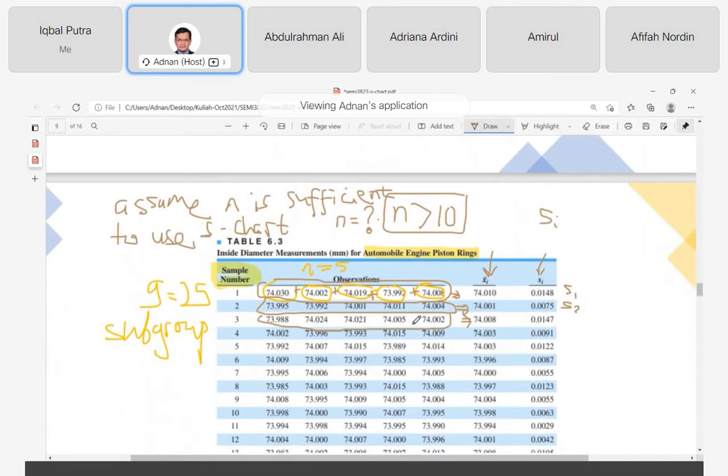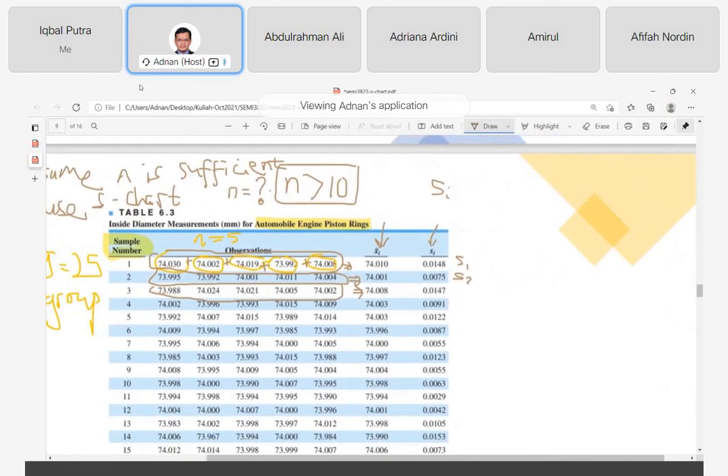So what you do is, in this case, you already have this number, 74. For S1, I'm referring to the first number here: S1 equals 74.03 minus the average here, 74.01.